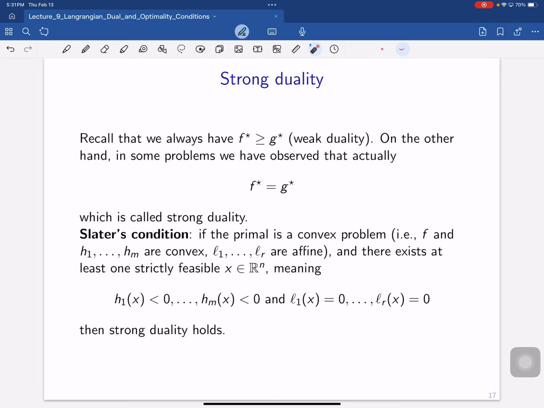Under Slater's condition, strong duality holds. That's just a common condition people use in the literature. But to prove that, it will need a lot of work, so we'll just give you this condition. Then, at least when you read the literature and hear about Slater's condition, you don't get too nervous. That is just a strong duality condition for convex problems.